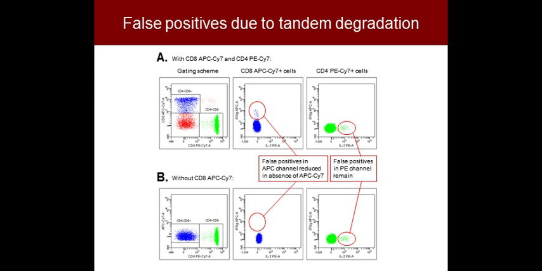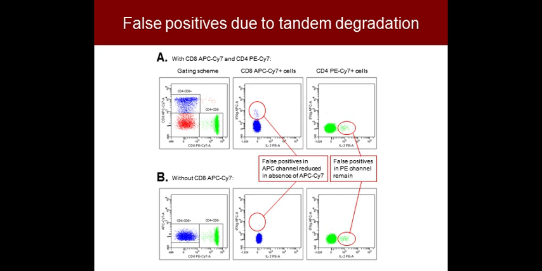Because what's happening, if you look at the top row in A, when we have CD4 in APC Cy7, and we have CD8 in PE Cy7, that's the green population, these can degrade. And in the worst case, the way they start to degrade is to show up as false positive signals.